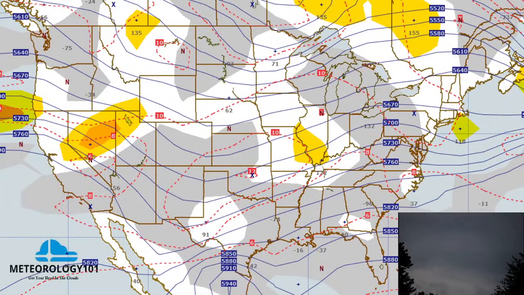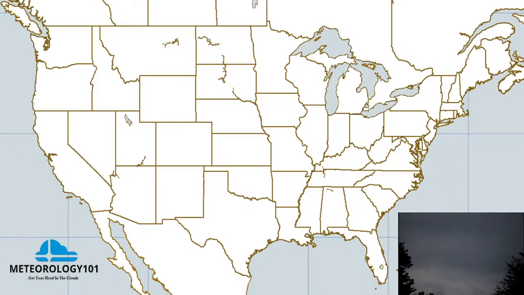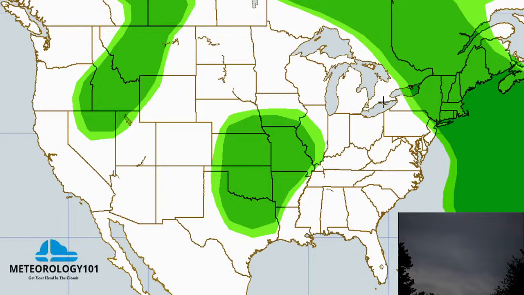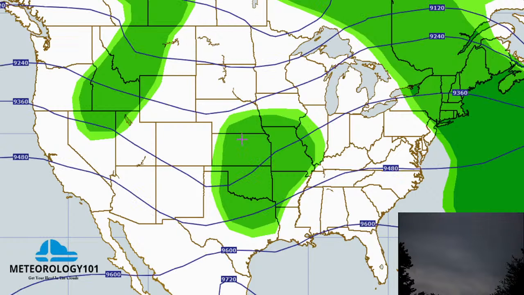All right. Okay, we still have significant moisture at 30,000 feet over the central plains.